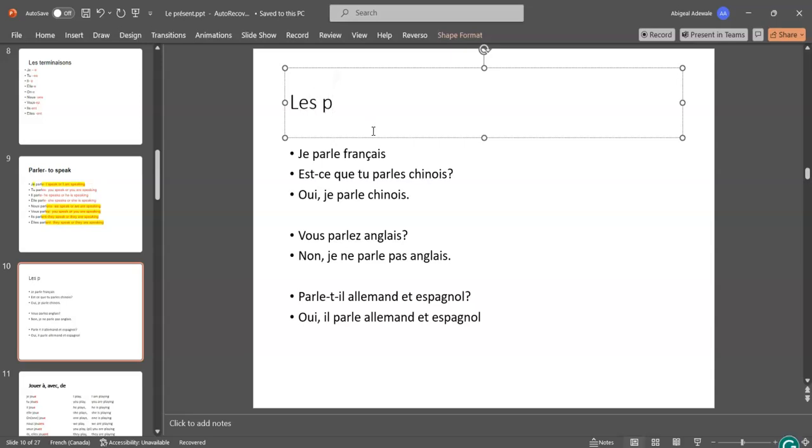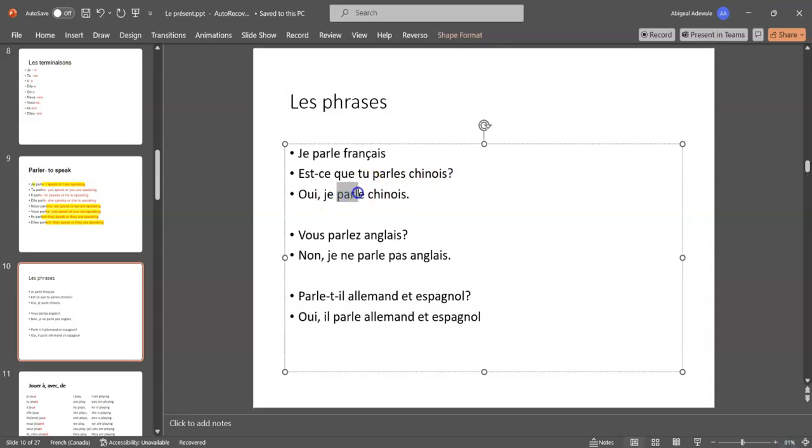So les phrases. Je parle français. Est-ce que tu parles chinois? Do you speak Chinese? Oui, je parle chinois. So this is our verb here. Vous parlez anglais. So here you can use questioning by intonation, and we can also do inversion du verbe et du sujet.